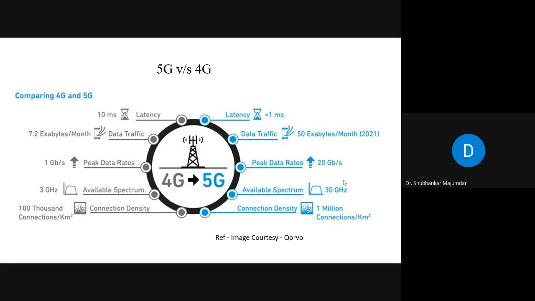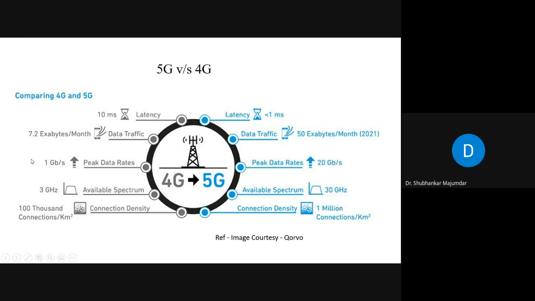As I have told earlier also, we are increasing the frequency. If we increase the frequency, the channel capacity increases. If the channel capacity increases, then the data rate also increases. So everything is correlated with each other. Here, as you can see, in 5G it is 20 Gbps, and in 4G it was 1 Gbps.